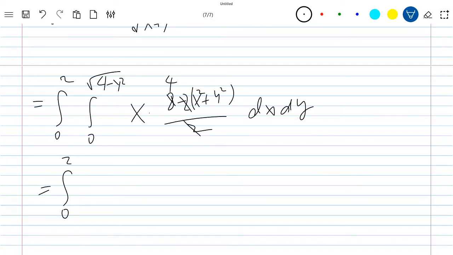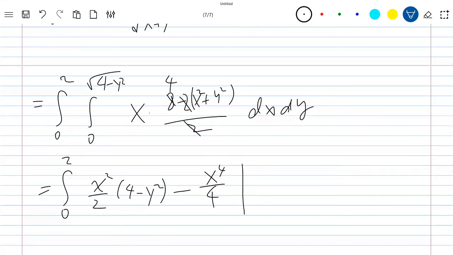So you get x squared over 2 for the 4 minus y squared. And for the x times x squared, you get x cubed, which you get x to the fourth over 4. Right? Just do it carefully.